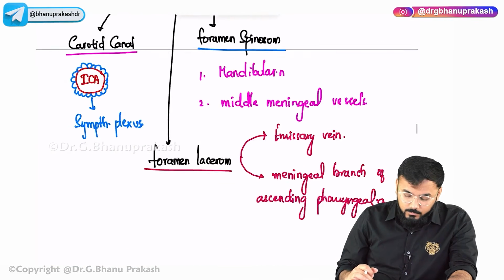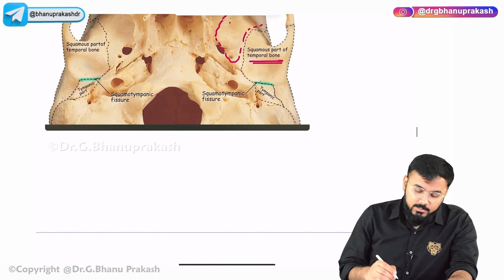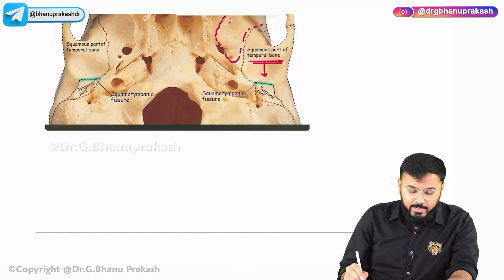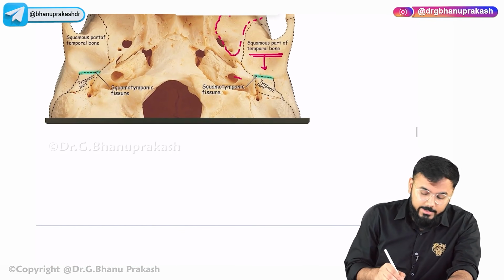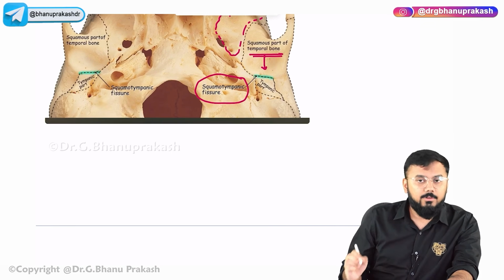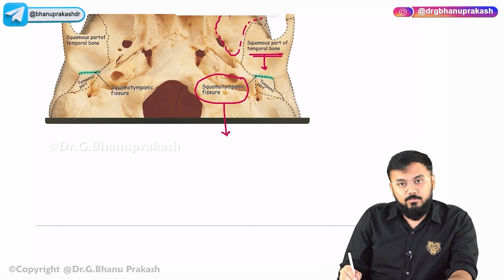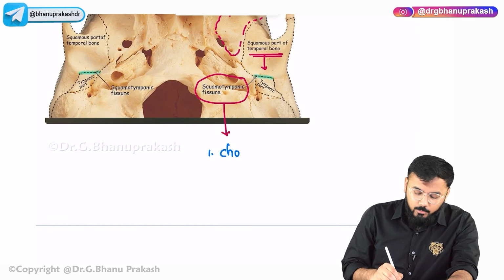So I'm again showing it to you here. This is squamous part. Below that, what do you have? Tympanic part. Between squamous and tympanic part, you have got a fissure. This is called as squamotympanic fissure. Why this is very important? Because this squamotympanic fissure is having the first important thing, that is chorda tympani nerve.